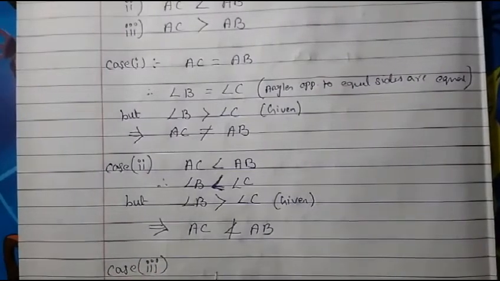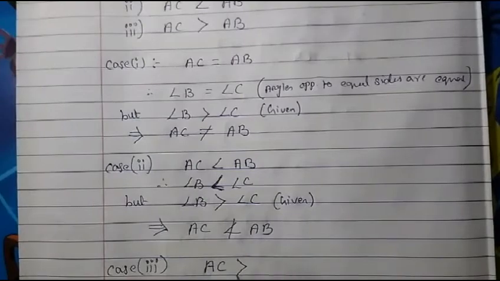Case 3, what does it say? Case 3 says that AC is greater than AB.